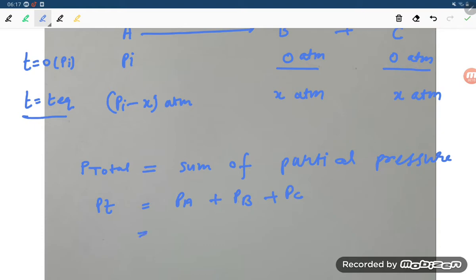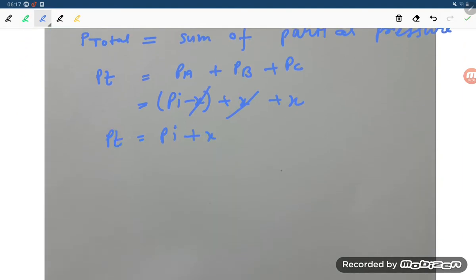So PA is Pi minus X, plus X, plus X. The minus X and plus X cancel out, so P total is equal to Pi plus X. From this we can calculate X is equal to P total minus Pi. This we got.